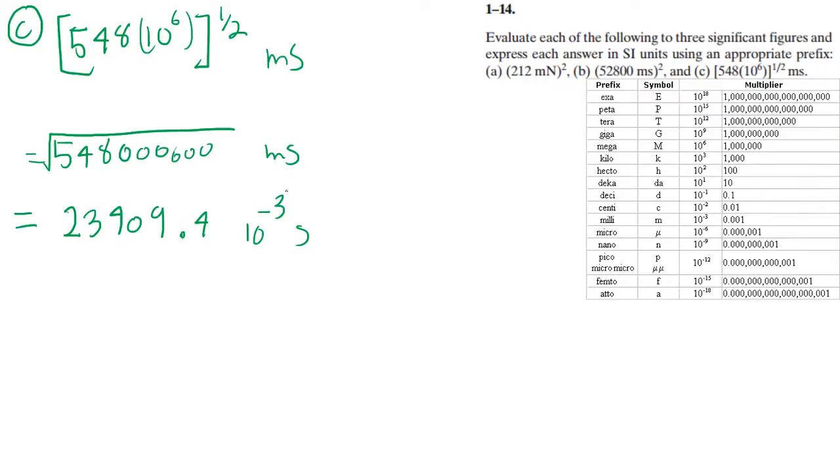Once again, this is the same as dividing by 1,000 or multiplying by 1 over 1,000, and it's also the same as moving the decimal to the left 3 places, because we're dividing by 1,000. If you divided it by 1,000, you could see how this happens. 1, 2, 3. Then we got our awesome answer, and we're going to cancel that with the decimal place moving. 23.4 seconds, and look at that.